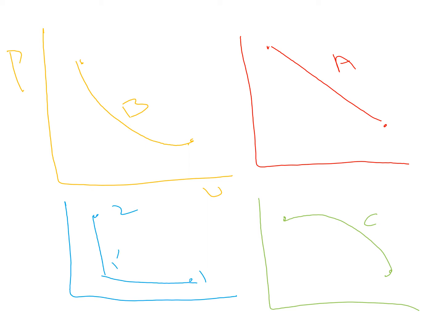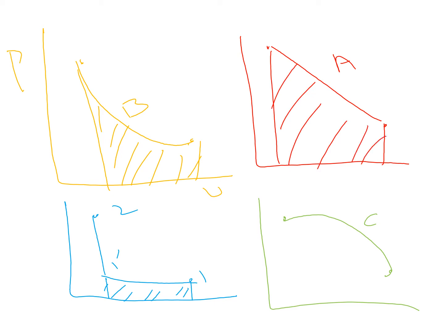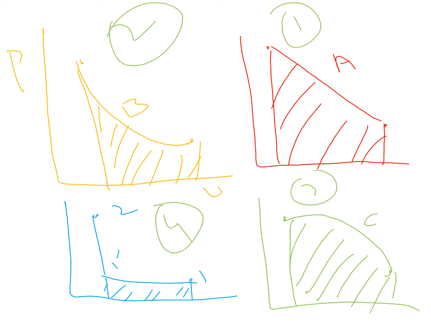So if we calculate the area under the curve for these scenarios, we will come to know that in each case the value of work is different, because you can see that in each case all of these three have different areas under the curve.